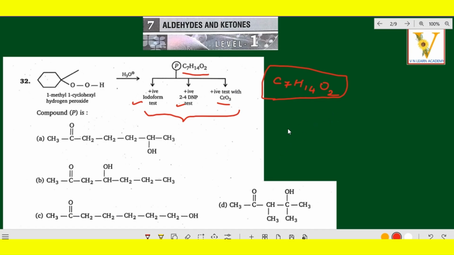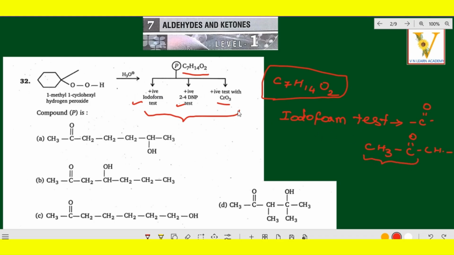From here only we can identify. First and foremost, this will be answerable for the iodoform test. Iodoform test will be answerable for a carbonyl compound, that is, the methyl keto group, CH3, C double bond O, CH2, like this. So starting only you will get that methyl keto group.